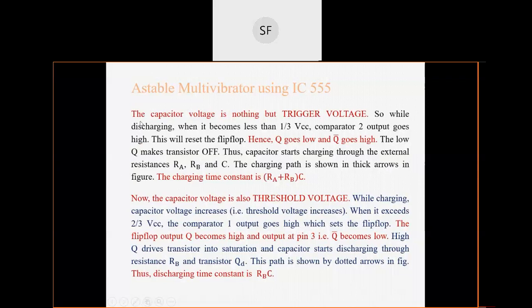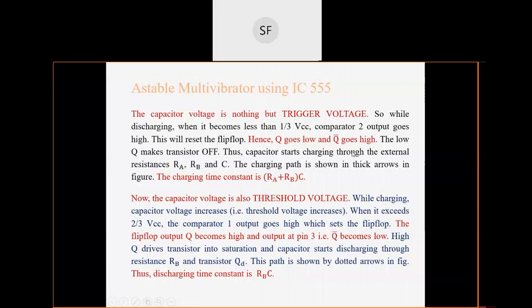The capacitor voltage is nothing but the trigger voltage. While discharging, when it becomes less than 1 by 3 VCC, the comparator 2 output goes high. This will reset the flip-flop, hence Q goes low and Q bar goes high. The low Q makes the transistor off, that is, in the cutoff region.